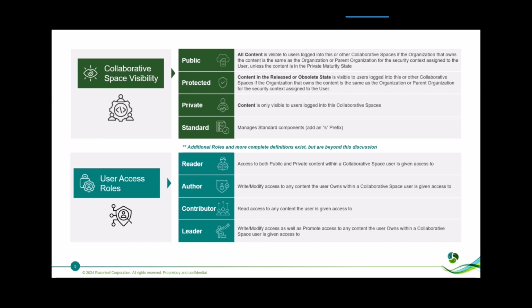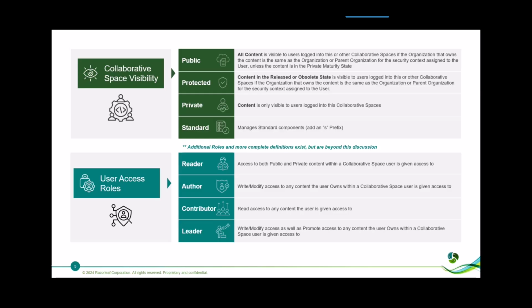So if I belong to company A and I put some object in the collaborative space that is owned by company A, I will be able to see it. Private is only visible to users logged into that collaborative space, meaning you must be granted access to it.